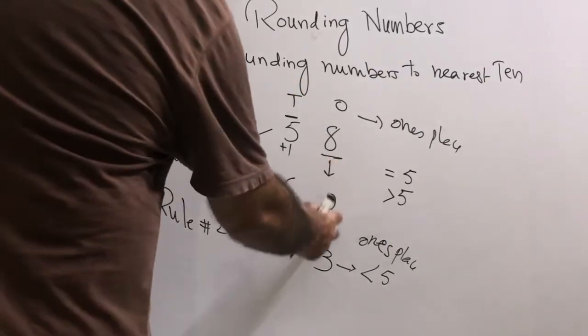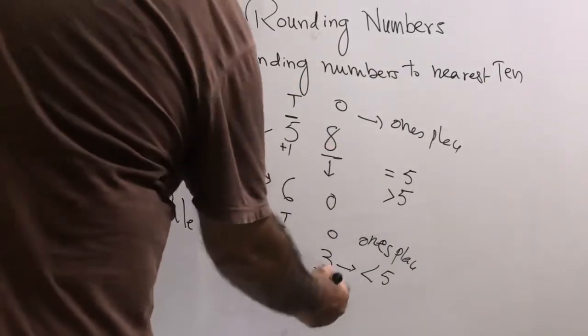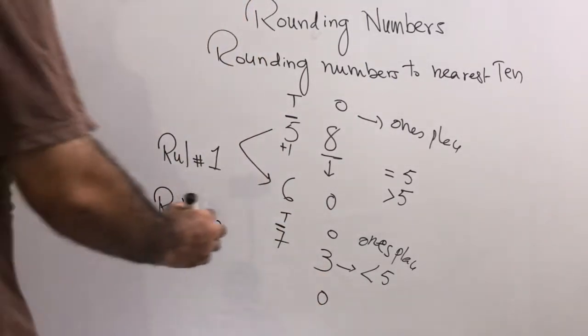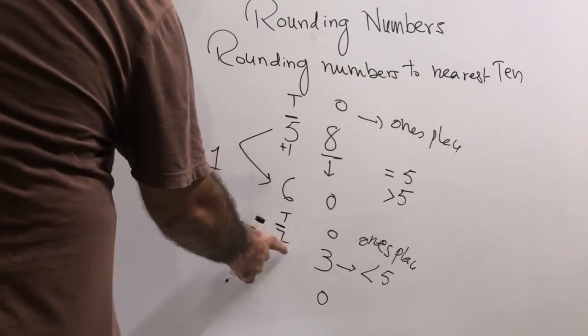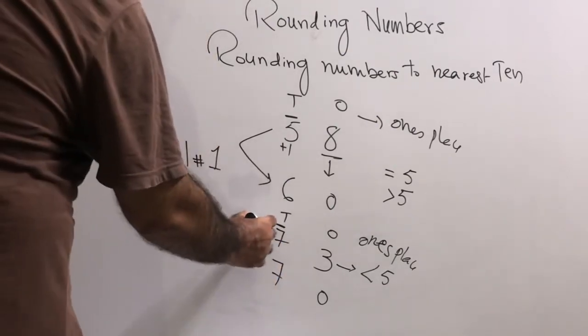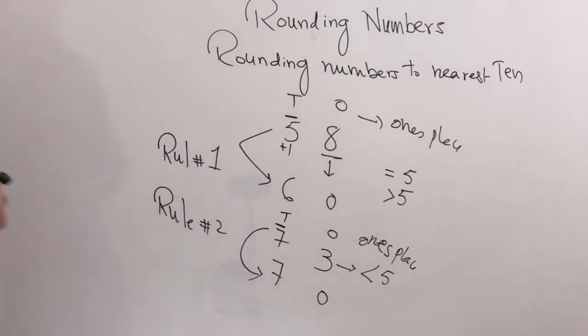First thing is the same, the way we did in the previous rule, it will be 0. Second thing is now we will not add anything to this, it will remain same. So now after rounding to tens, 73 becomes 70. Okay, so these are two rules.